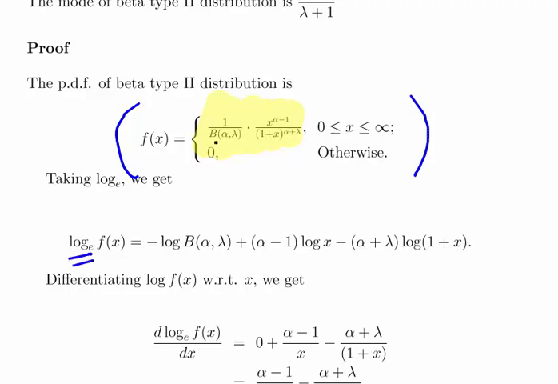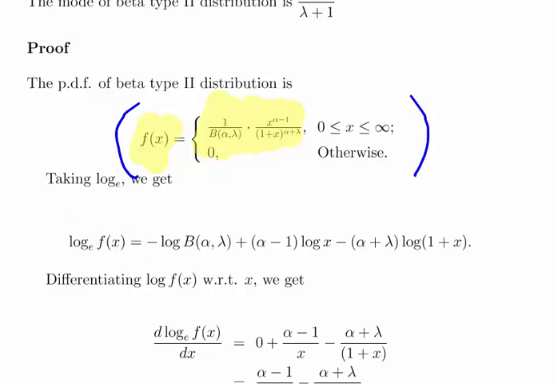So find the logarithm of the PDF. Whatever value of x maximizes f of x also maximizes the log of f of x, so we can use the same approach.